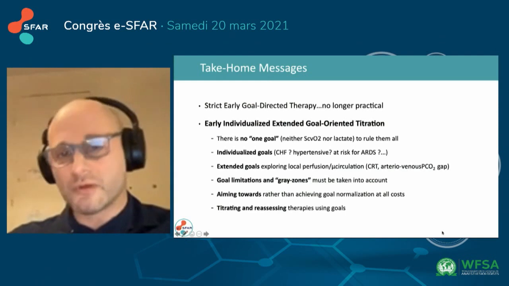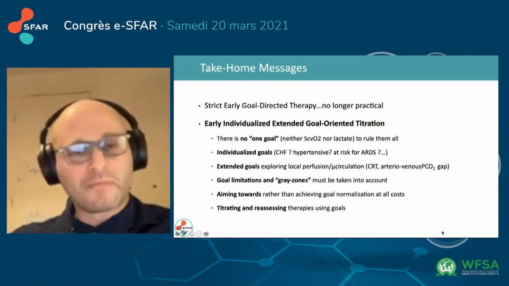And I would replace that by early individualized, extended goal-oriented titration. That was what Mervyn was also talking about, titrating these therapies. We have to recognize there's no longer a single goal, neither ScvO2 nor lactate clearance, to rule them all, to be a little bit Tolkien-esque.